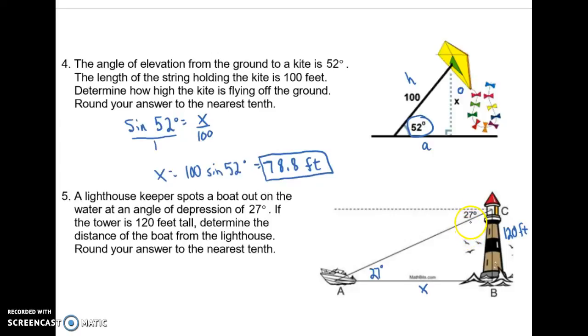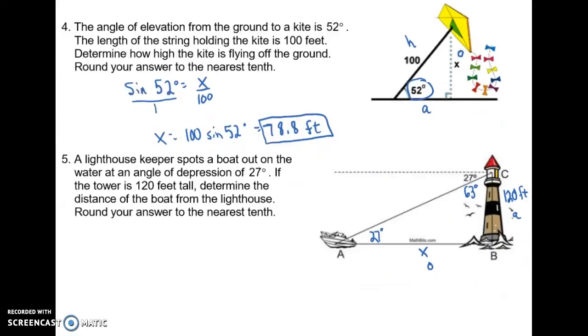So if I can find out what this equals, I have 90 minus 27, and that would be 63 degrees. So we're going to take 63 degrees, and we have this side and this side. This is my opposite side and my adjacent based on that 63 degree angle, so I'm going to use my tangent.